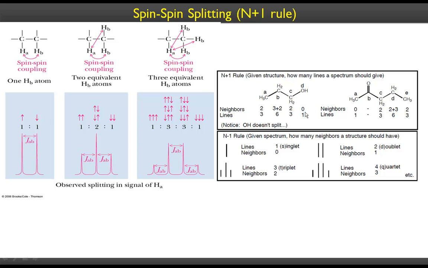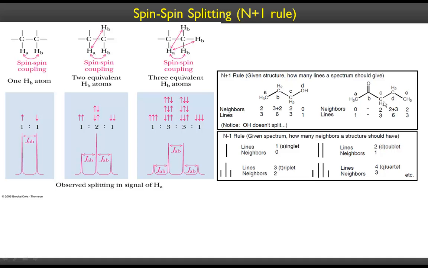Okay, so anyhow, here are some examples. You can predict the shapes of the respective hydrogens that you are interested in by counting the number of neighboring hydrogens. For example, I'm interested in this CH2. I want to know the shape of this peak. Then I just look at the neighboring carbon and see how many hydrogens are attached. There are two hydrogens here, so this must be a triplet, and so should be this one, isn't it?